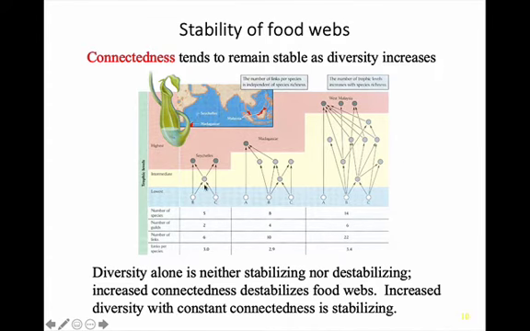There's producers, an intermediate consumer, a secondary consumer, and a top consumer. 14 species total, 6 different guilds. 1, 2, still got that intermediate consumer. 3, 4, 5, 6. Now look at the number of links. 1, 2, 3, 4, 5, 6. 1, 2, 3, 4, 5, 6, 7, 8, 9, 10.